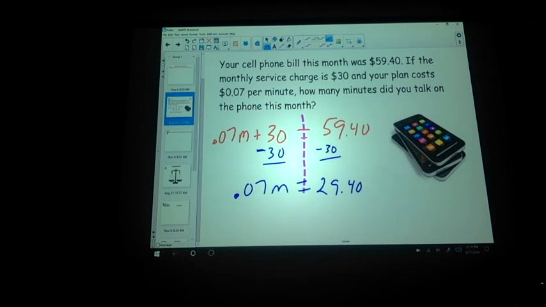How am I going to get M by itself? Divide both sides by 0.07. Does anybody have a calculator with them by chance? And if so, would you go 29.4 divided by 0.07?